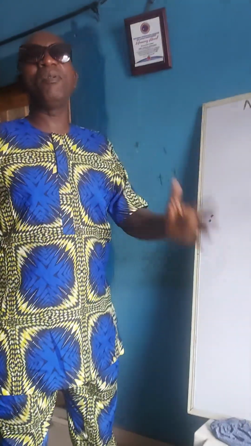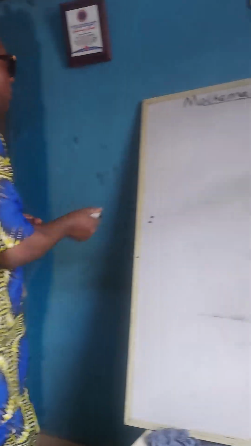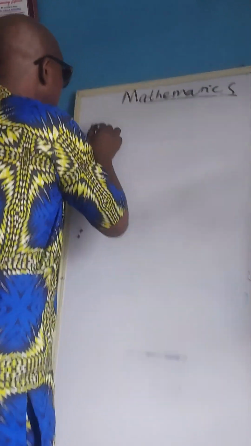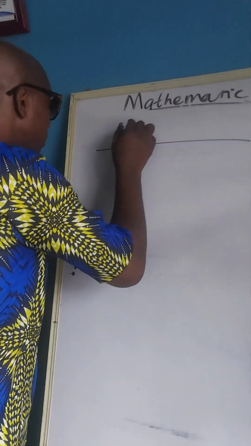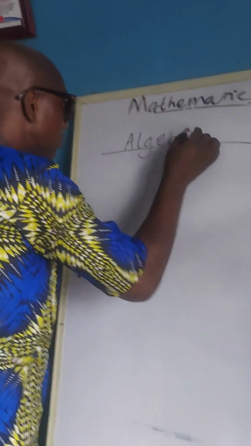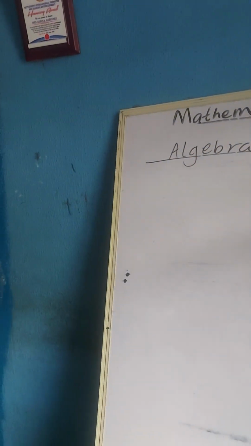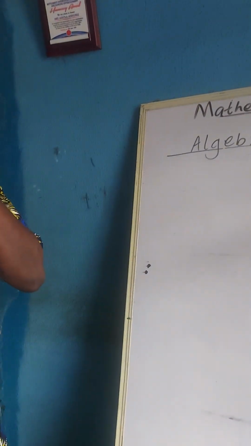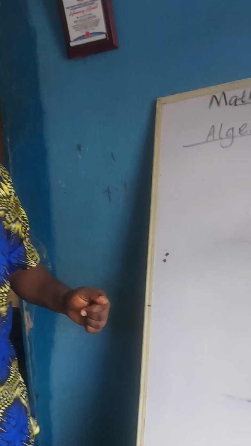So I just want to highlight it so that you know that mathematics is one of the simplest subjects. Follow me. Algebra is a branch of mathematics that deals with numbers and letters.